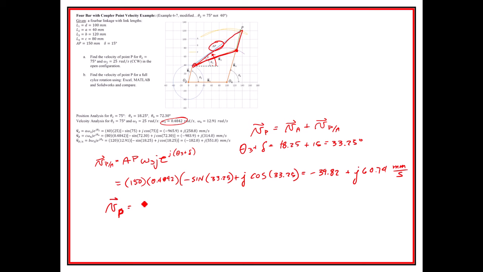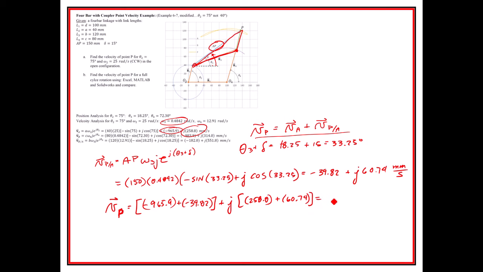And now if I want VP, all I have to do is add the two components right here. So I will take that negative 965.9 and add my negative 39.82. And then I will also take my 258.8 and add my 60.74.